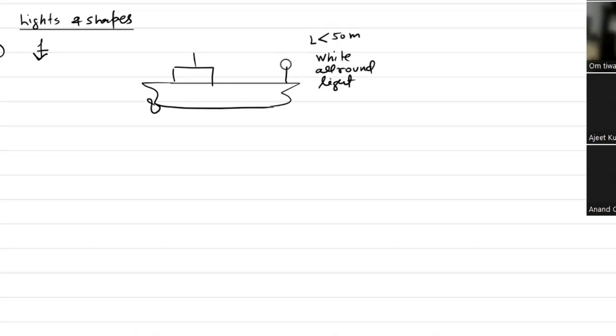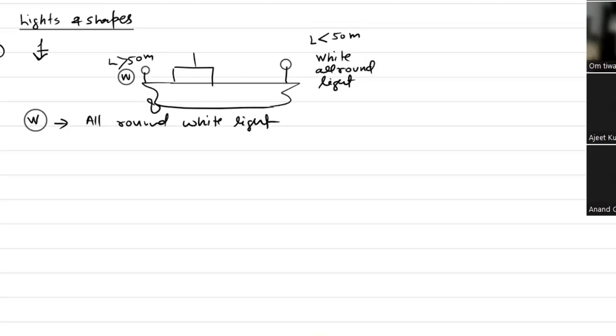But if it is more than 50 meters, there will be another light here, also a white all round light. W is for white, and the circle indicates all round white light.